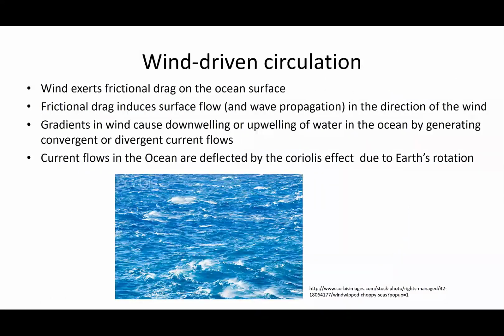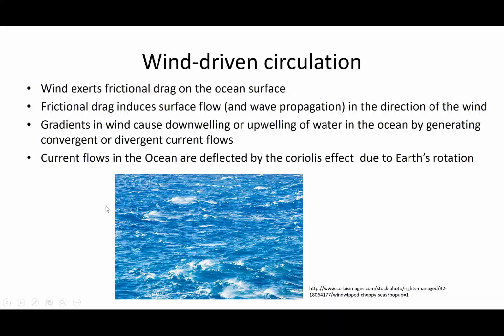To understand how these currents form and why they're so dynamic, we need to understand a little bit about how wind drives circulation in the surface ocean. So winds exert a frictional drag on the ocean surface. So a wind blowing, in this case, from right to left across your screen, has a frictional drag force on the surface of the ocean that causes the water to move in the same direction where it's directly in contact with the wind.